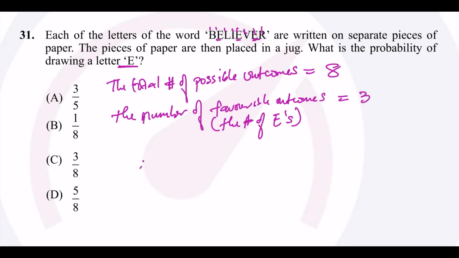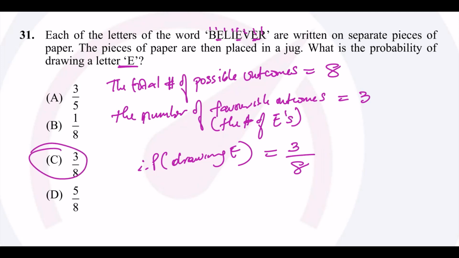So therefore, the probability of drawing an E is equal to the number of favorable outcomes over the total number of possible outcomes. So that's going to be 3 over 8. So our answer is going to be C.